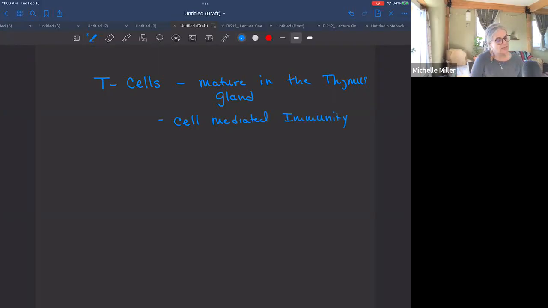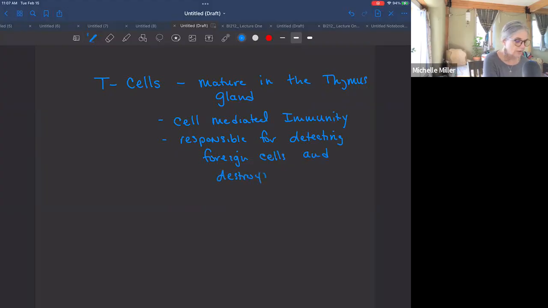And they are responsible for detecting and killing other types of cells. So responsible not for the antibodies, so detecting foreign cells, and they have a mechanism of destroying them.